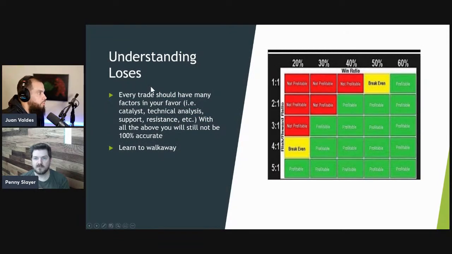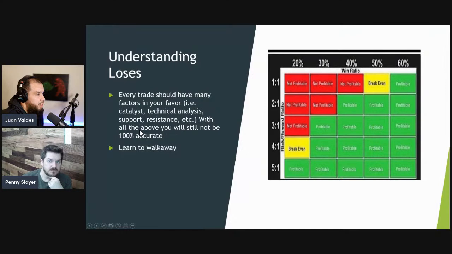Understanding losses. Every trade should have many factors in your favor. So when you jump in a trade, you have to put a lot of factors in your favor, meaning some people say, okay, I'm only going to trade stocks that have a catalyst, stocks that make sense from a technical analysis aspect. I've identified support. I've identified resistance. You want to have a confluence of different things working your way before you jump in that stock.